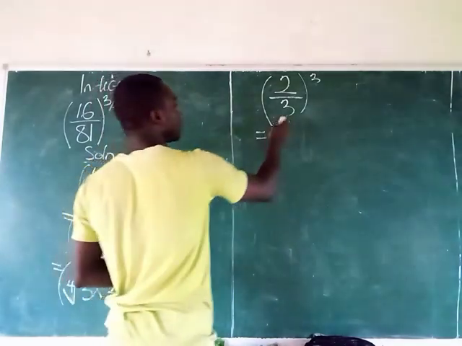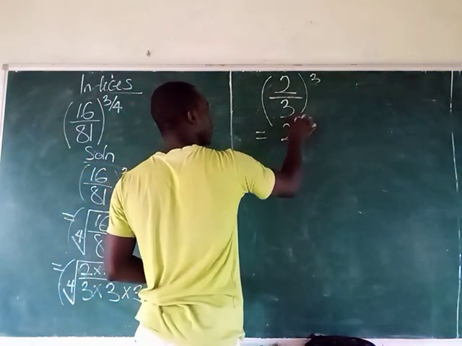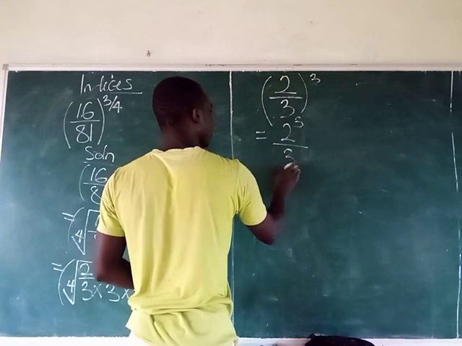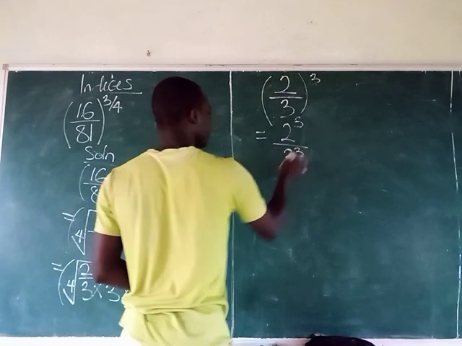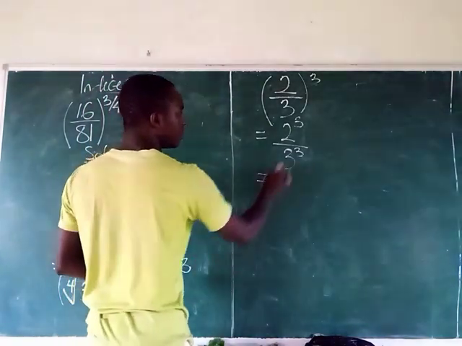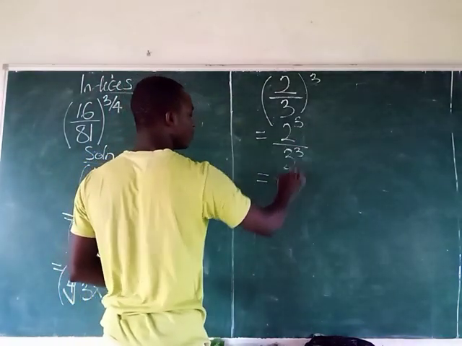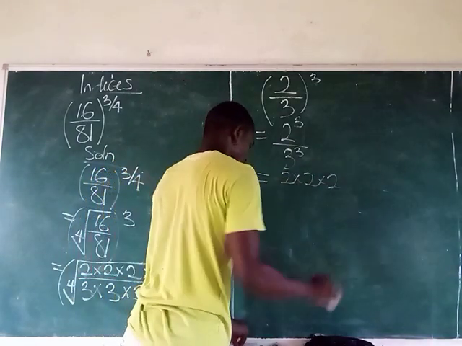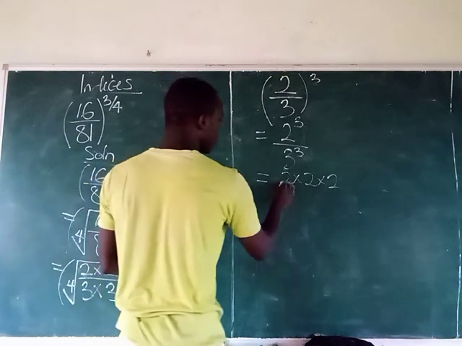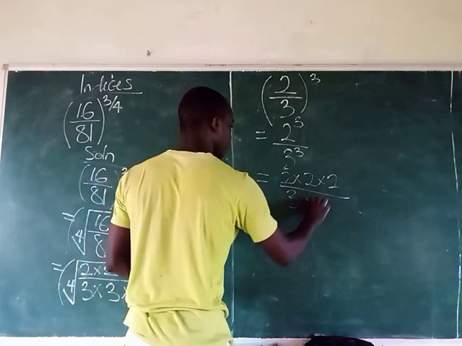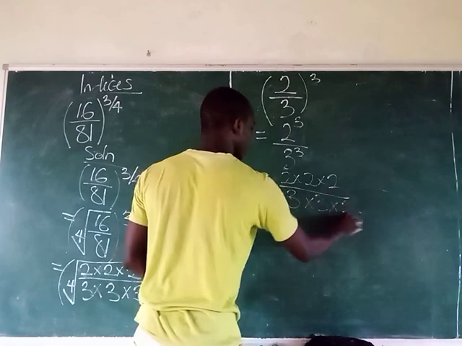So in essence, this is 2 raised to the power of 3 over 3 raised to the power of 3. And so that will arrive us at 2 raised to the power of 3 is 2 times 2 times 2, and then 3 raised to the power of 3 is 3 times 3 times 3.